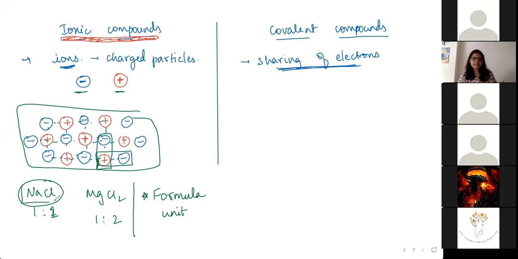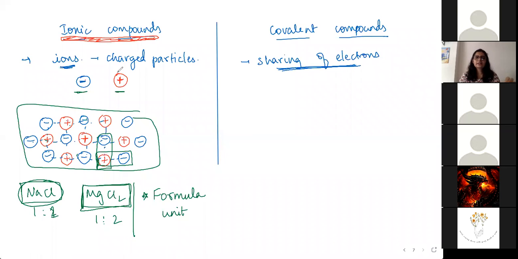So NaCl is one formula unit. Similarly, magnesium chloride. If I find 300 magnesium ions in a stone of magnesium chloride, then I'll find 600 chloride ions. So this is one formula unit.